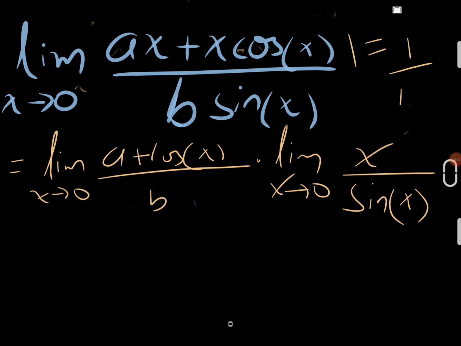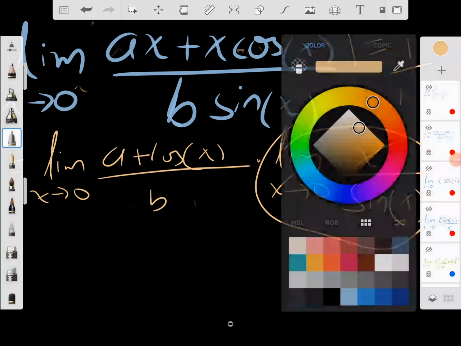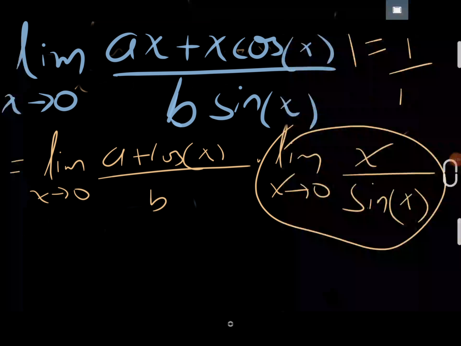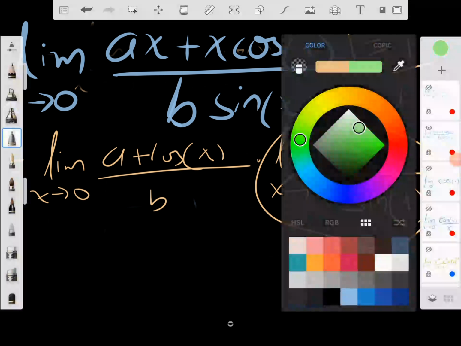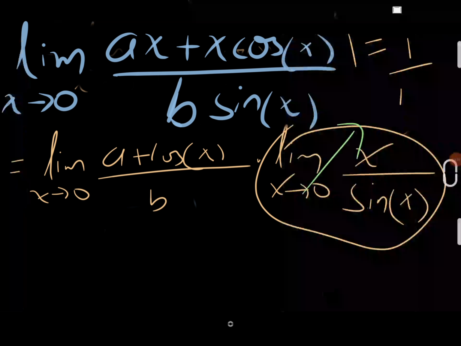So sin x by x approaches 1, and x by sin x also approaches 1. So this whole value, I can say that it approaches 1.